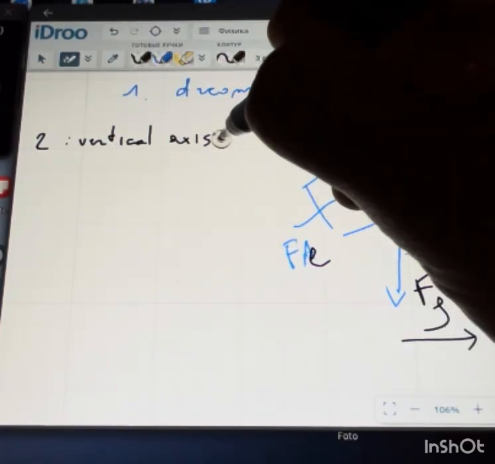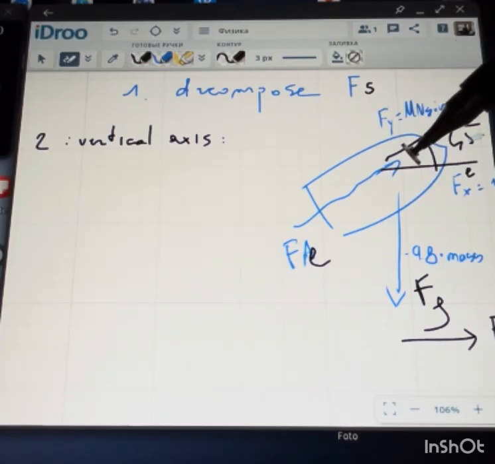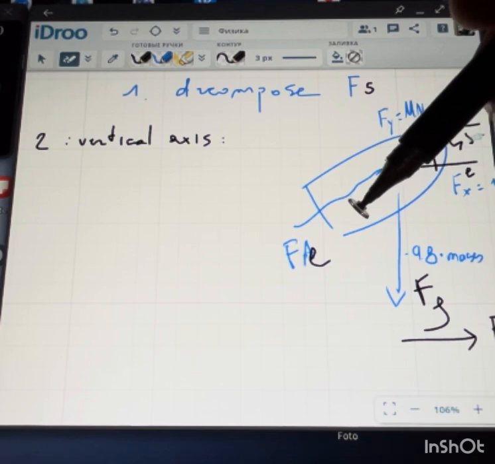What happens along the vertical axis? Well, there are two vertical forces right now, F_y and F_g. So what we want to do is find the net force, right? So we do F_y minus F_g.